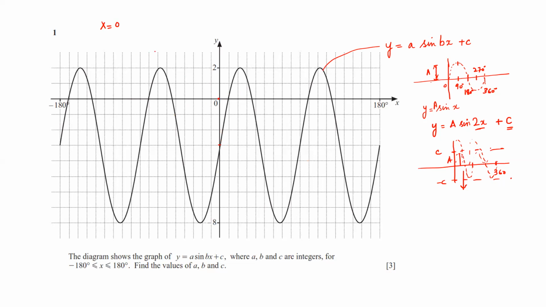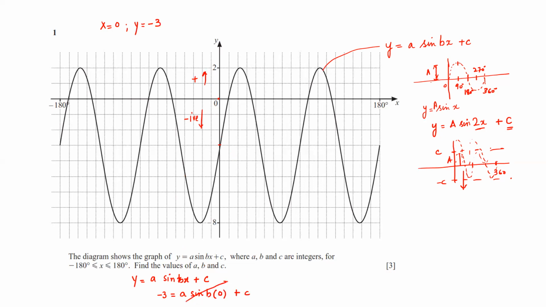So our y value is minus 3. Remember, this is the positive side and this is the negative side. So our y value is minus 3. If I put these values here, y equals a sin bx plus c, so minus 3 equals a sin b times 0 plus c.